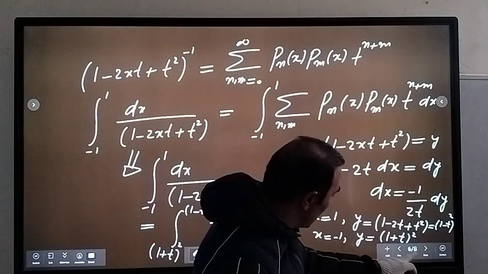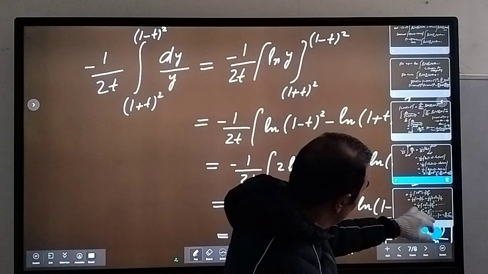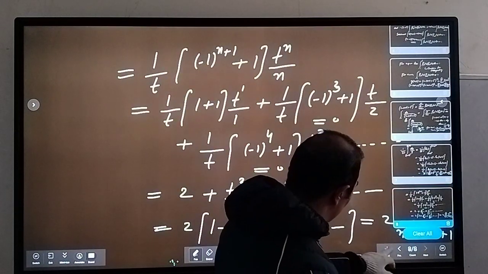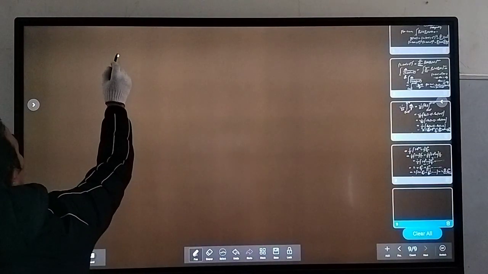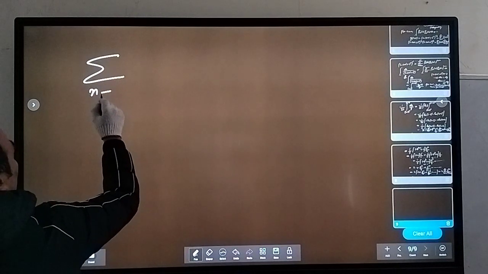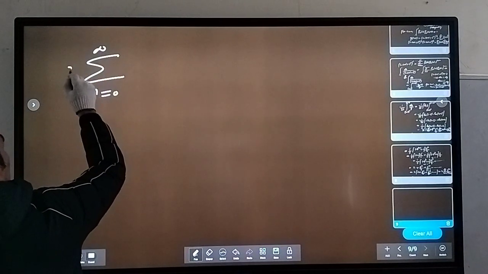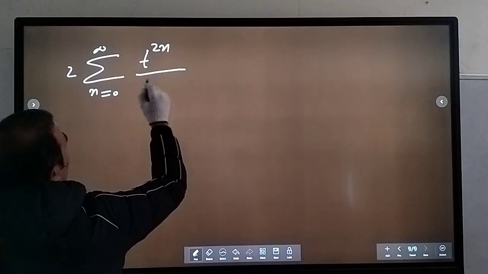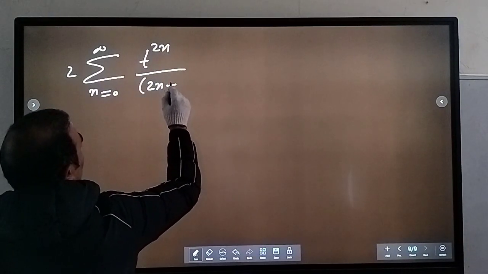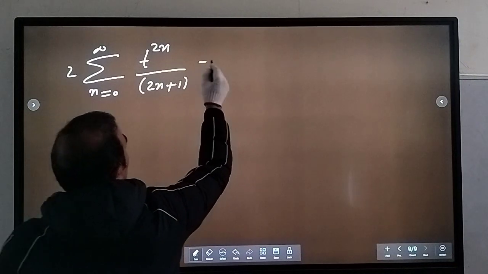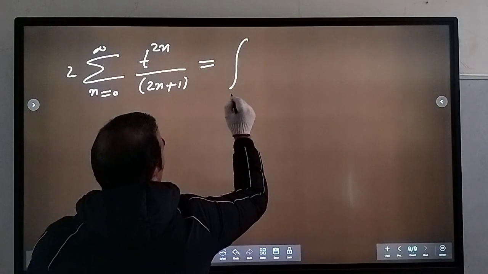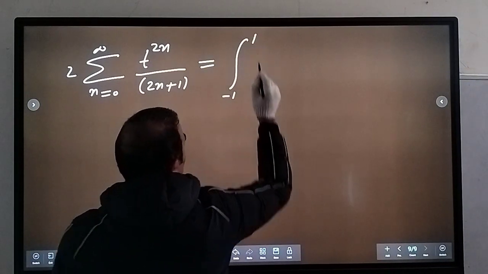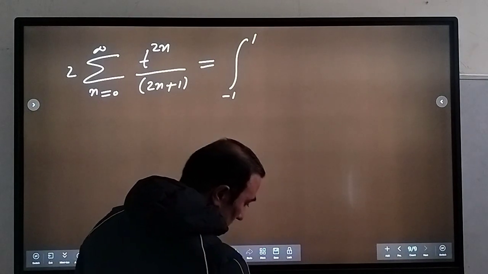So that means I can write them instead of this term. Okay, so I can write that summation 2 into, that's minus 1 to plus 1.